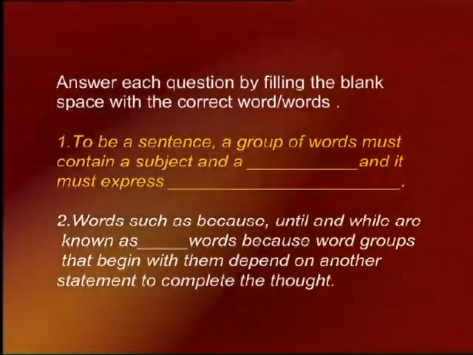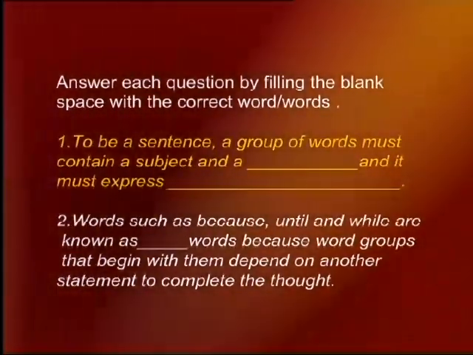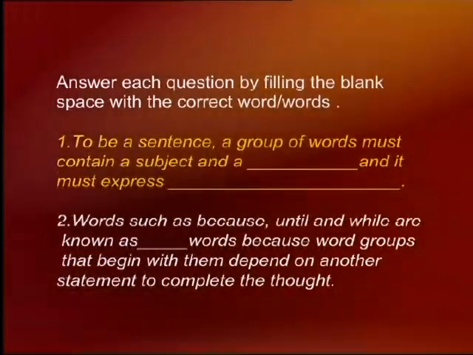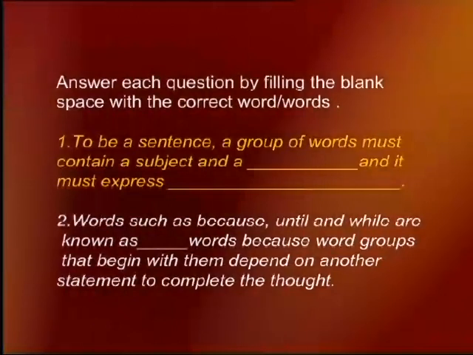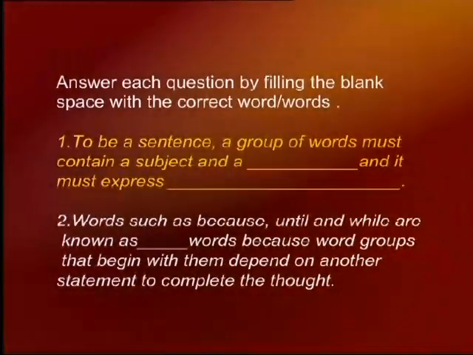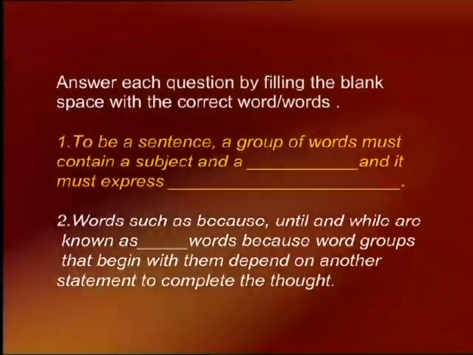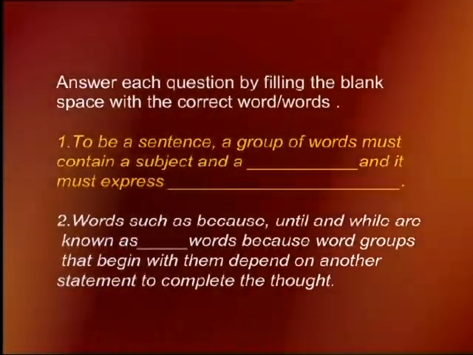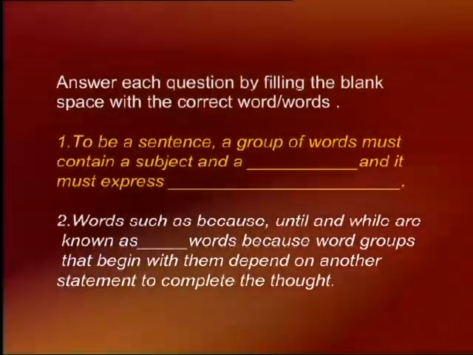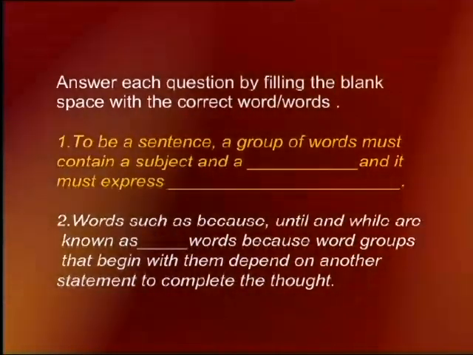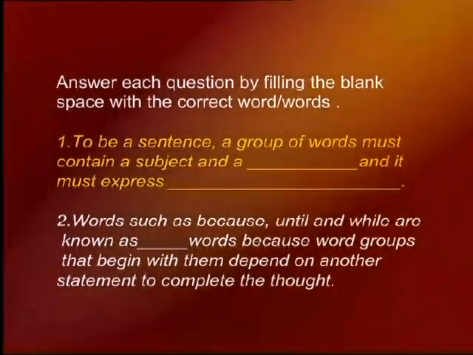You should have, the first blank should have been filled with the word verb, and the second one a complete thought. Sentence number 2, there is only one blank, and that you should have filled with the word dependent.